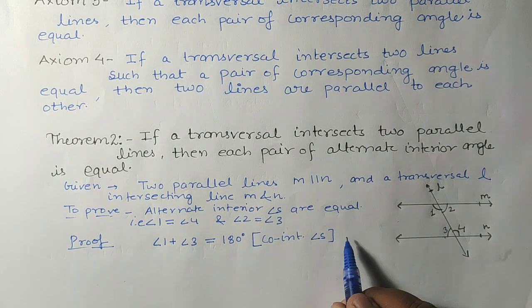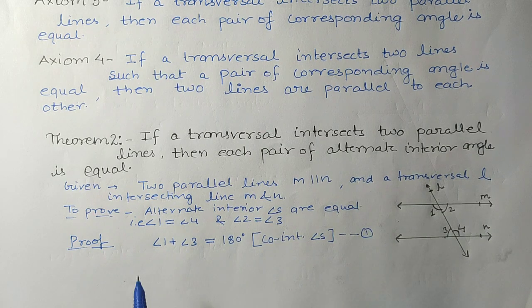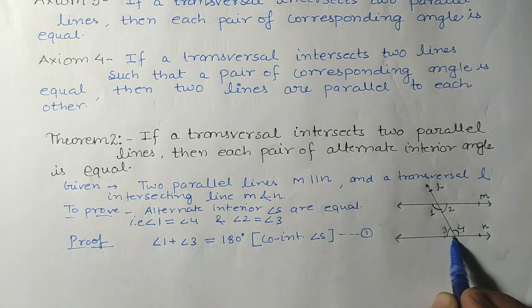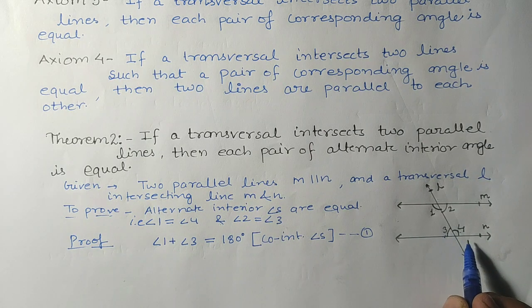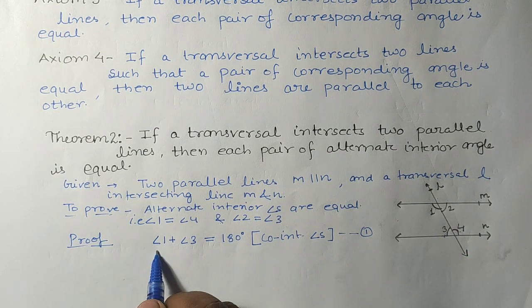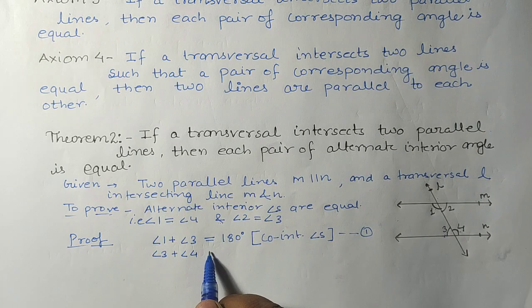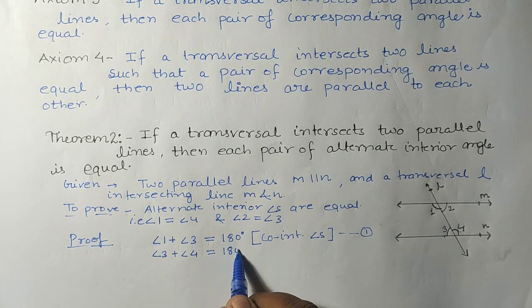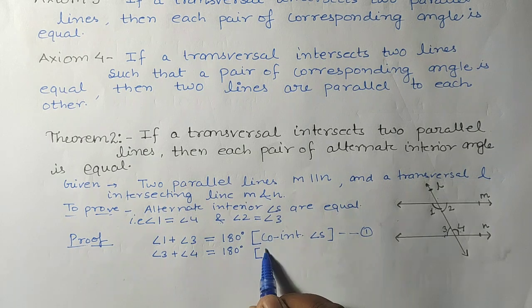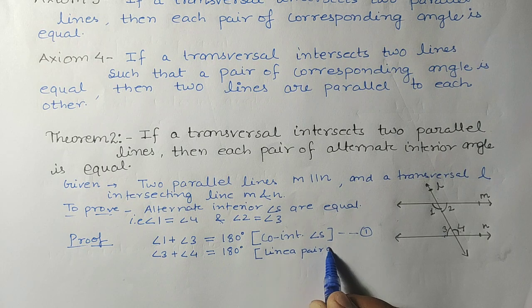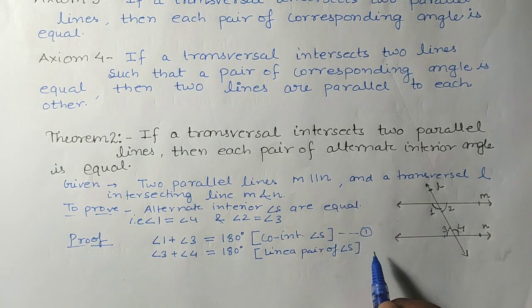Suppose this is your equation number 1. In the second case, see, angle 3 and angle 4 are what kind of pair of angles? Angle 3 and angle 4 are a linear pair of angles. So the sum of angle 3 and angle 4 will also be equal to what? 180 degrees. What reason will we write here? Linear pair of angles. Suppose this is equation number 2.